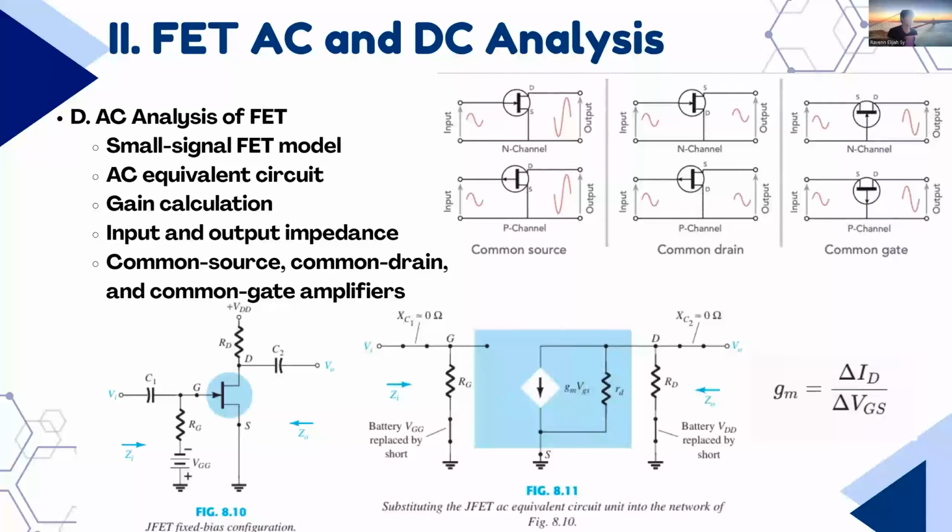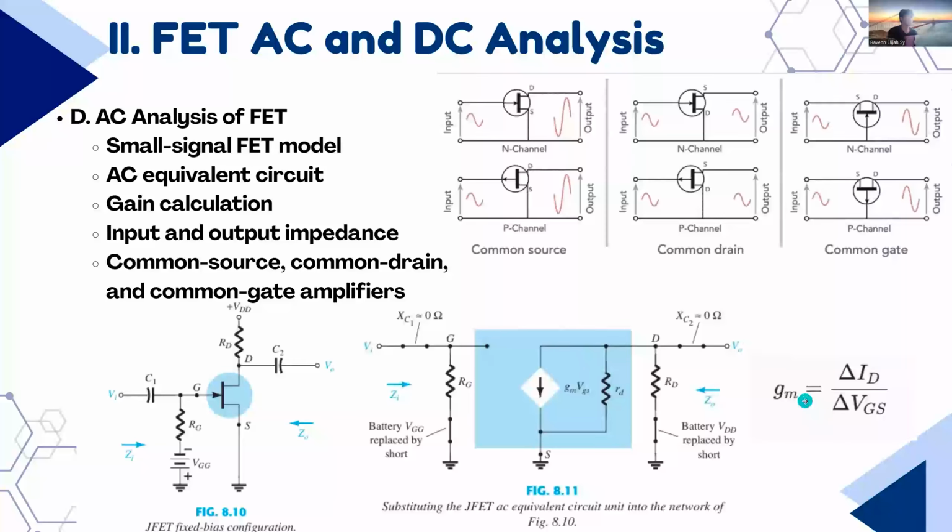All coupling and bypass capacitors act as short circuits for AC signals only. The core parameter of the FET model is transconductance, which is gm. This is the formula of gm, delta ID over delta VGS, which relates the input voltage variation to the output current variation.